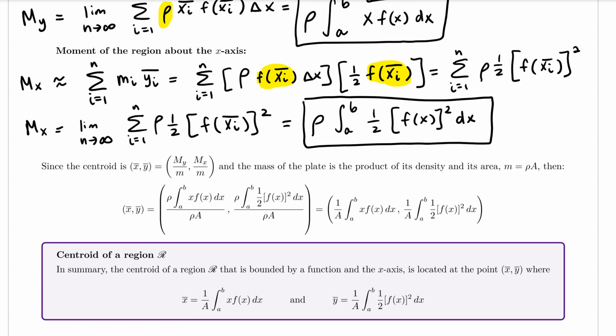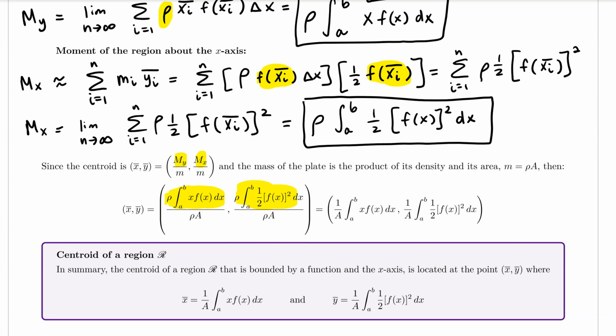Since the centroid is located at x bar comma y bar, which is equal to capital M sub y over m, comma capital M sub x over m, and the mass of the plate is the product of its density and its area, m equals density times A, then we have that x bar comma y bar is equal to, we just found the moments, so in this formula we're having them replaced, so M sub y is getting replaced with this here, and M sub x is getting replaced with this here.